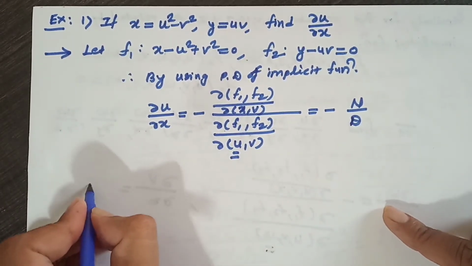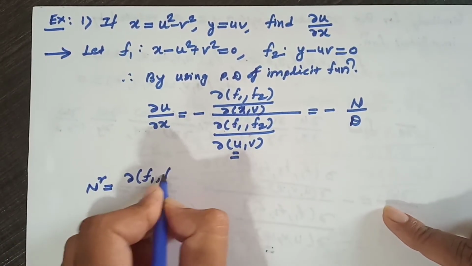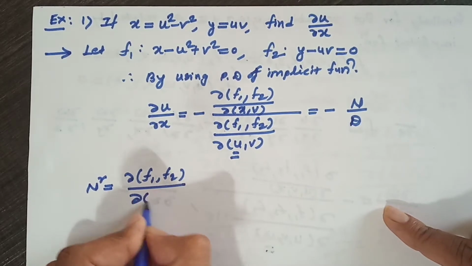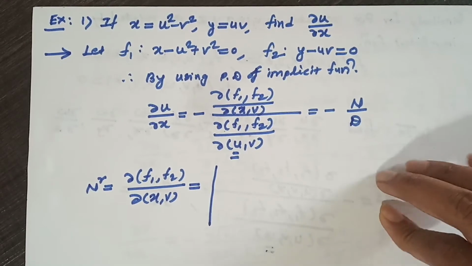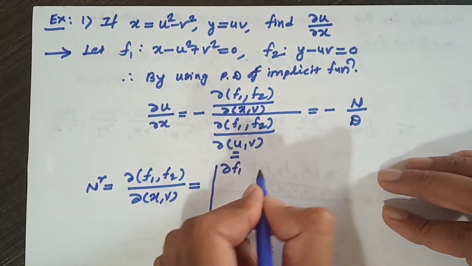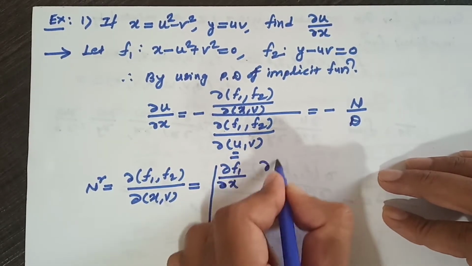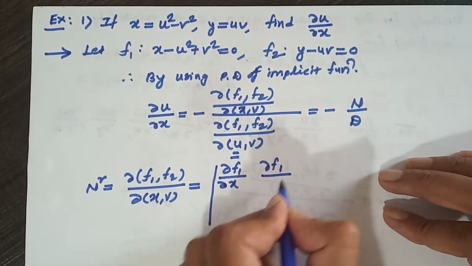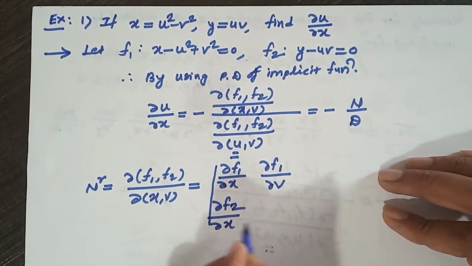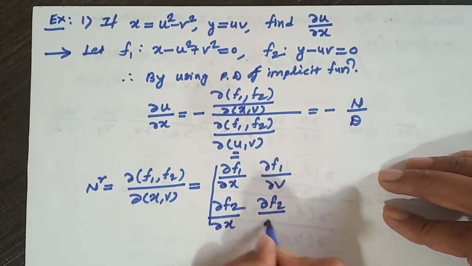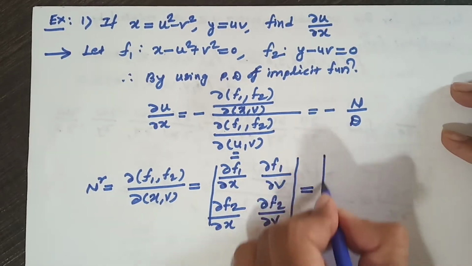So the numerator is Jacobian of f1, f2 with respect to x, v, which is equal to the determinant: first row partial derivative of f1 with respect to x, partial derivative of f1 with respect to v, second row partial derivative of f2 with respect to x, f2 with respect to v.